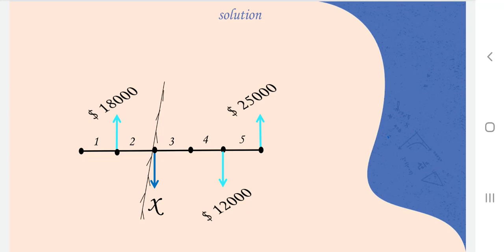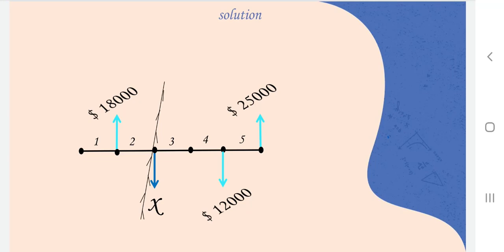To get n, you must know m. So, if money is worth 9% compounded semi-annually, J equal 9%, I equal J over M. Compounded semi-annually means M equal 2.